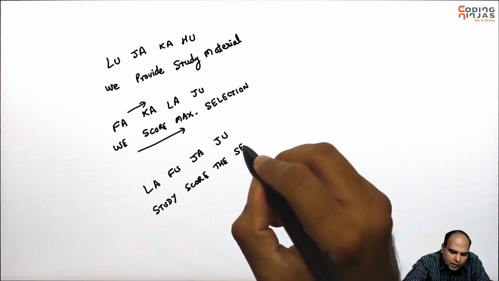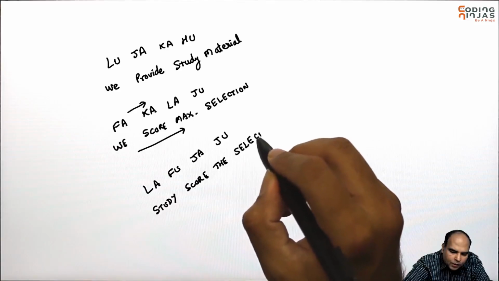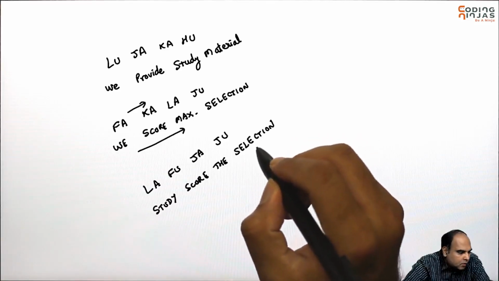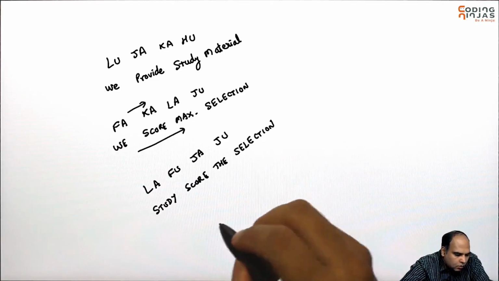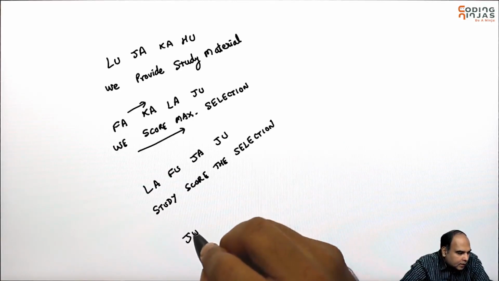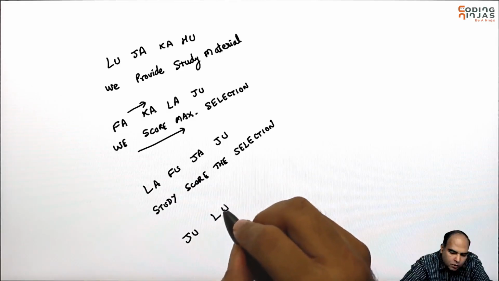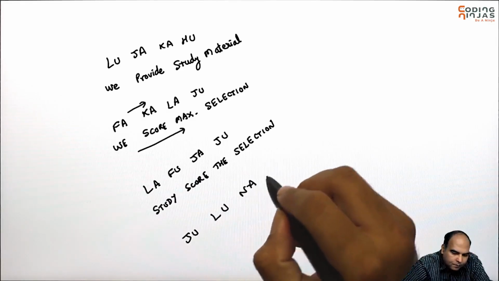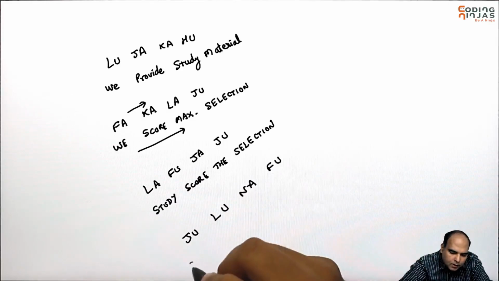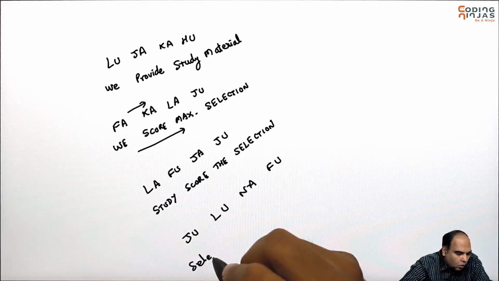So already you can see that this is a more difficult question because there are more variables, more numbers and more codes within each sentence. And the last one is Yu Lu Na Fu, means selection of the material.